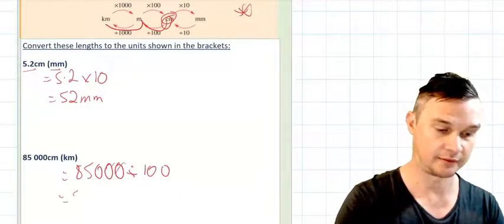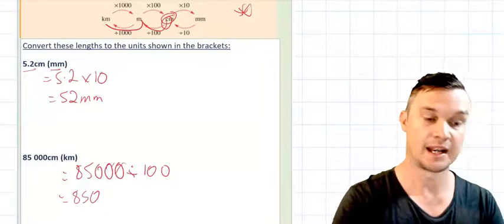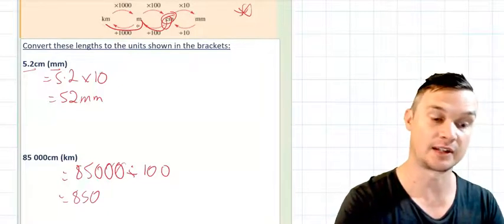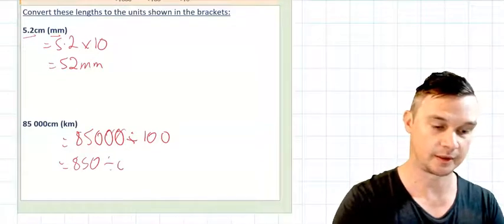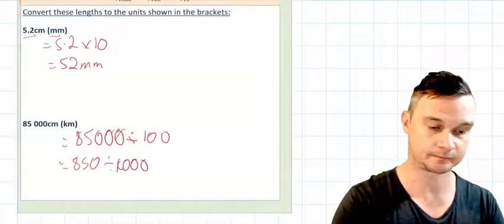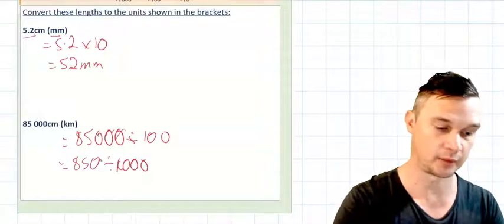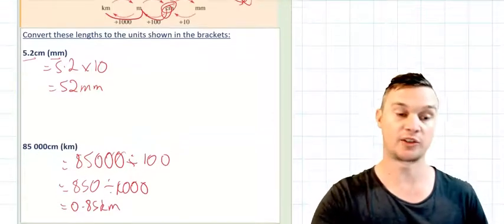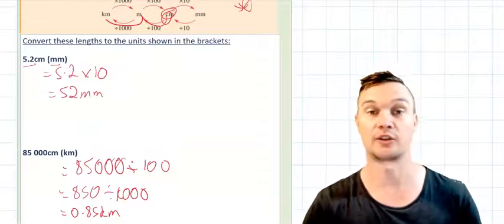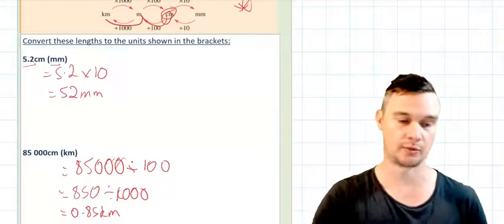So now I have 850, and then from meters to kilometers, I need to then divide that by 1,000. So I'm then going to divide that by 1,000, and again that will move the decimal point to the left, to give me 0.85 kilometers. So as long as you have that conversion handy, or you know how to do that, that'll really help you as we move forward.